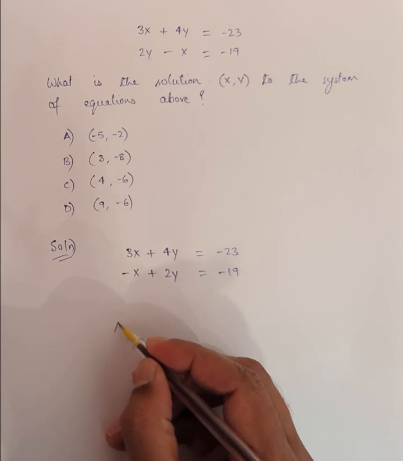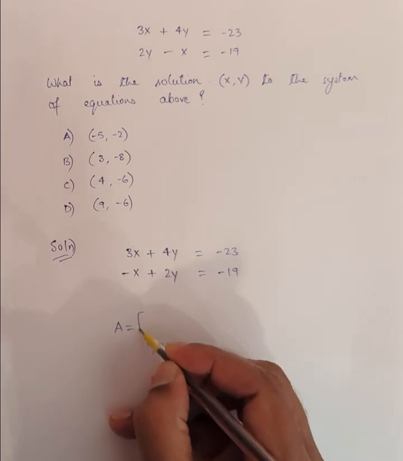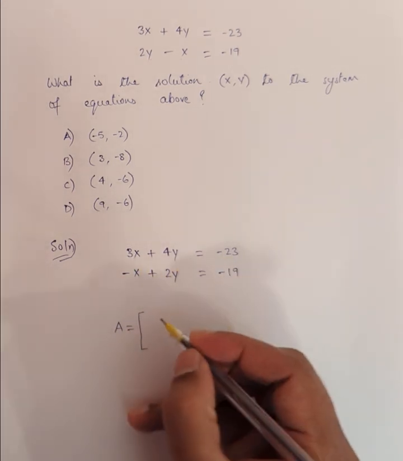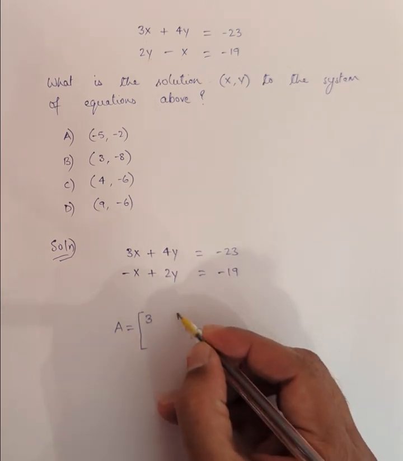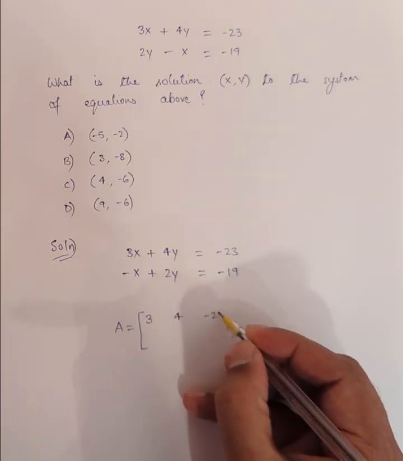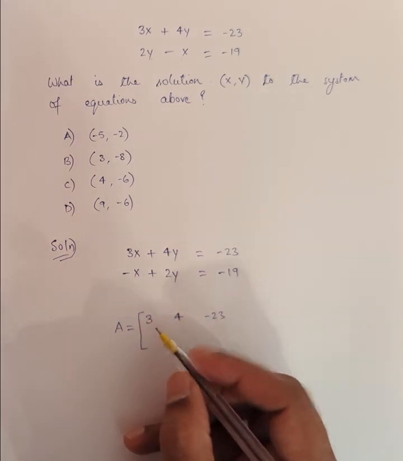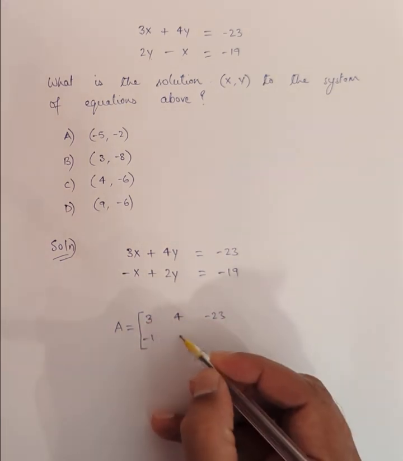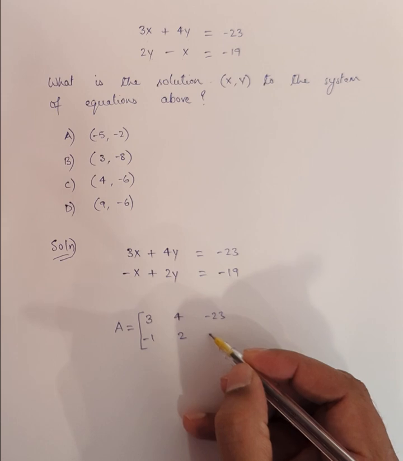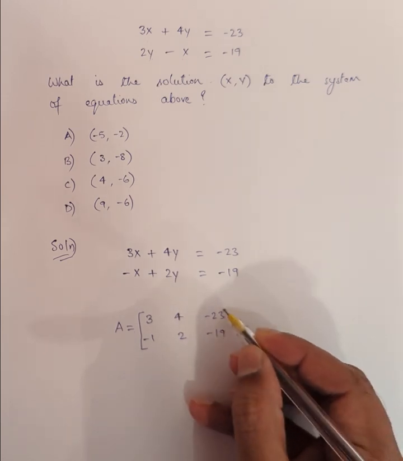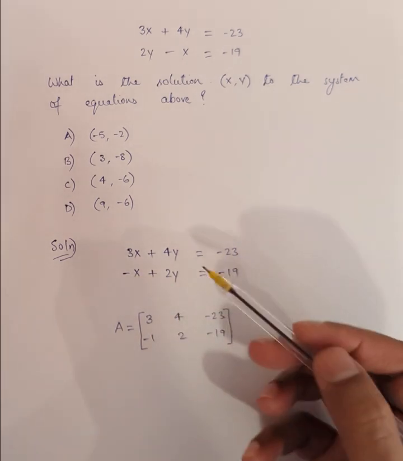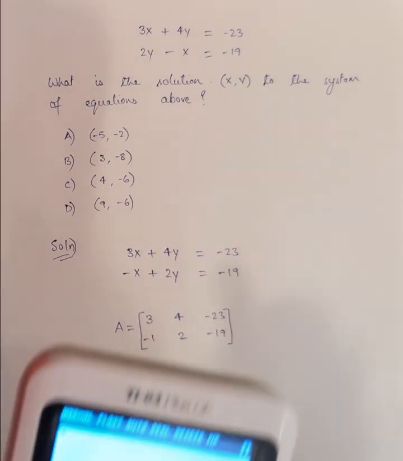I want to write a matrix where I will pull just the coefficients 3, 4 and negative 23, and the coefficient of x is negative 1, that of y is 2 and negative 19. So just write all of the numbers you see here in a matrix.